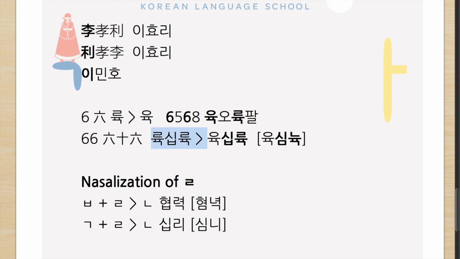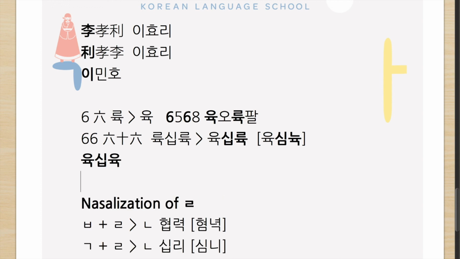The correct writing for this is actually 66. Yeah, this is the correct writing, because there's something else called proper writing, proper spelling for Korean language. That's another rule book, so it's really confusing.